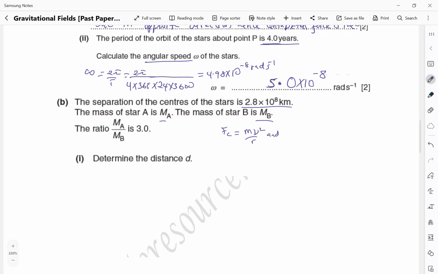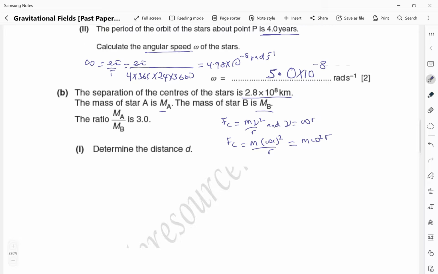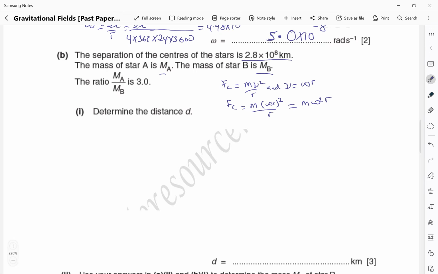And of course, we know that v equals omega times r. Since we already have omega, the centripetal force is going to be m omega squared r squared over r, which becomes m omega squared r. So I'm going to use that equation for centripetal force.